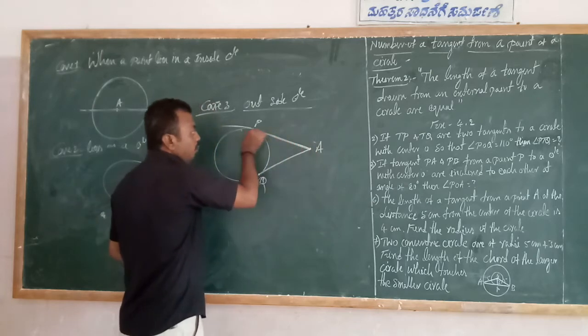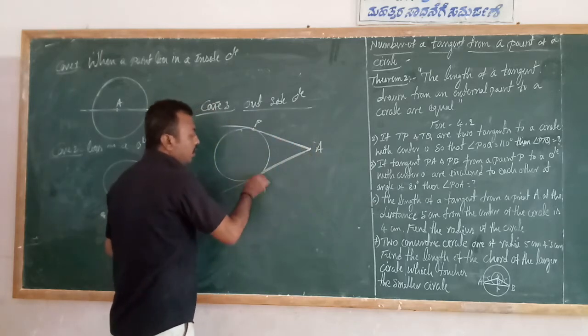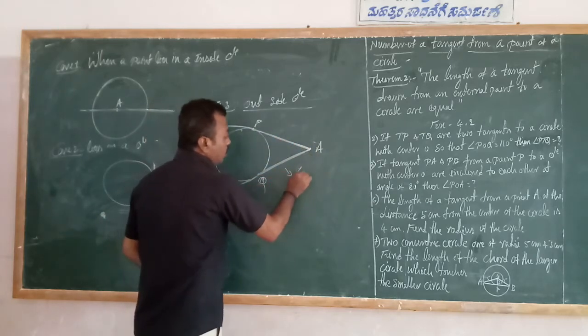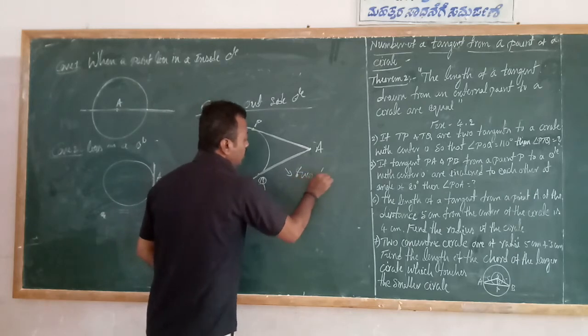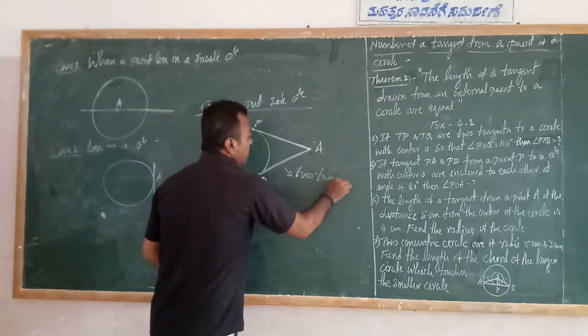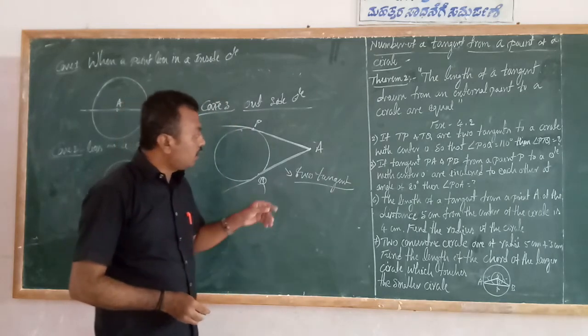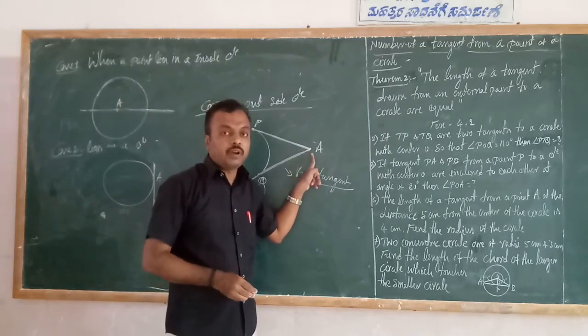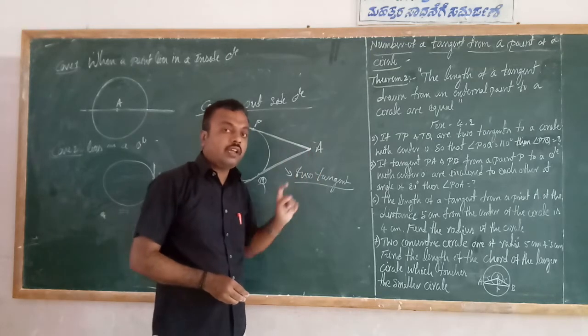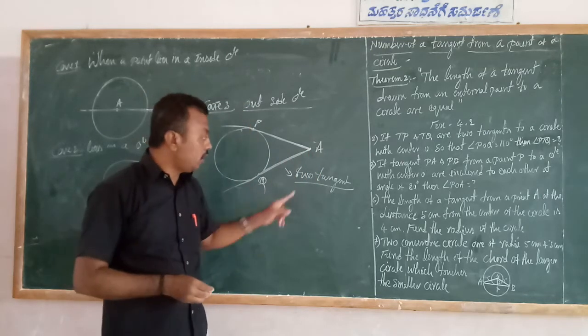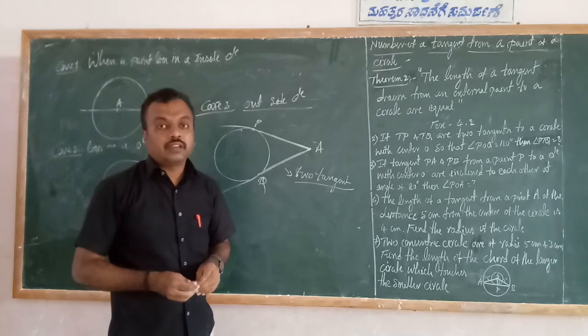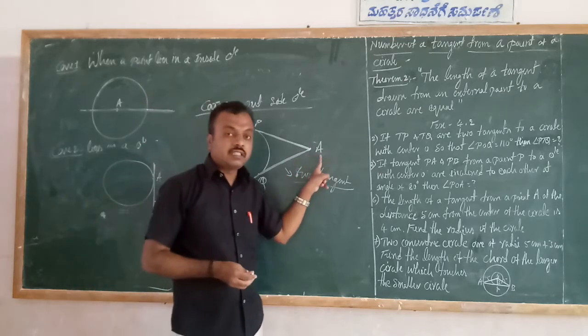See, AP and AQ are the tangents. How many tangents are there? Two tangents can be drawn to a circle from an external point. There are two tangents that can be drawn to a circle from the external point.